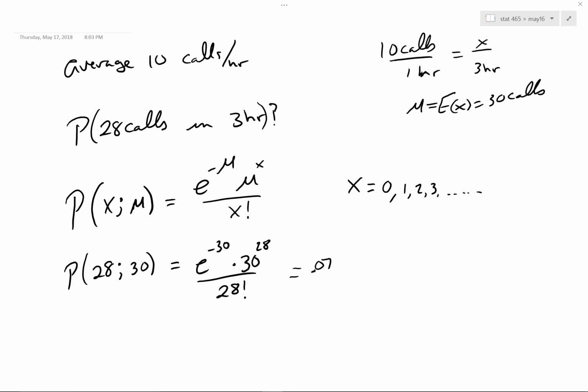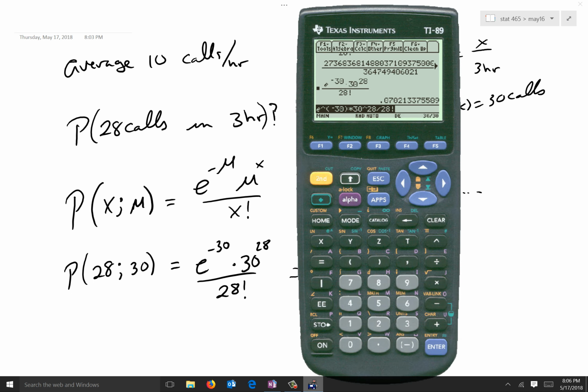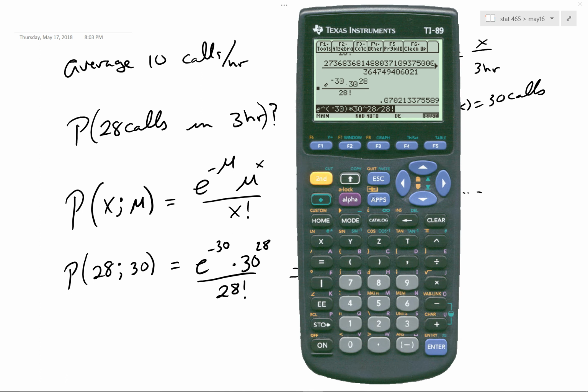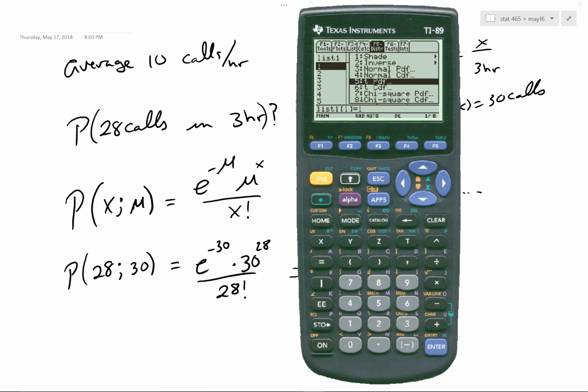Now, on the calculator, everything will be exactly where it was yesterday. In this calculator, it's going to be in the stats list editor. For the 83s and 84s, you're going to go to distribution again. So second vars. If you scroll down a ways, you will see the Poisson PDF. It wants to know what lambda is. Now, some books, including yours, use mu, which makes perfect sense because it's an expected value.